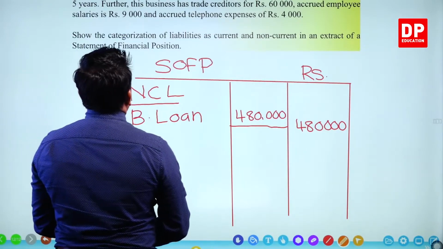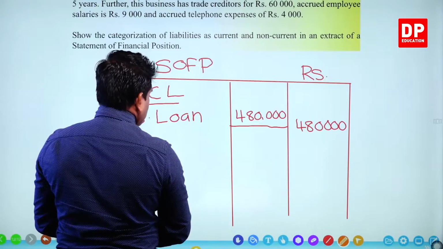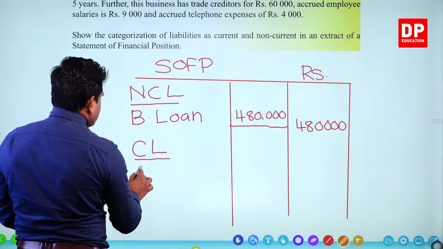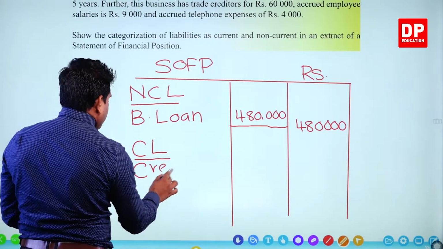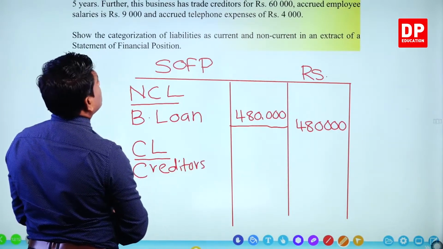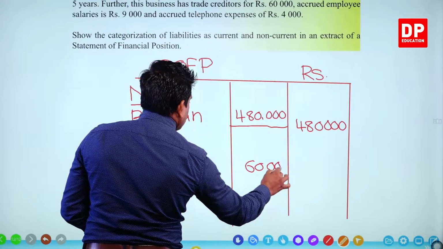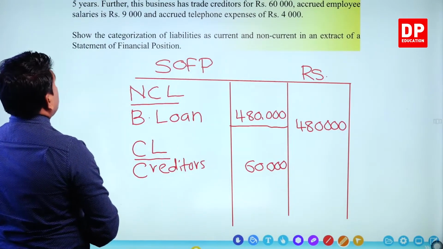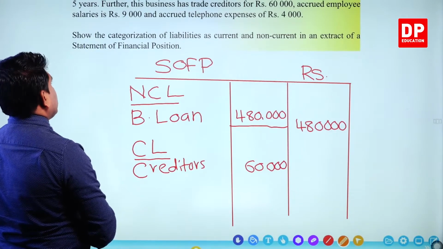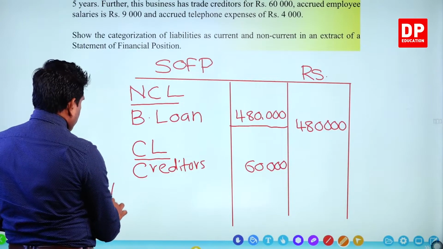Now, business has trade creditors 60,000. Trade creditors means creditors. If you want, you can write trade creditors. Creditors is enough, right? How much? 60,000. Now, accrued employee salary, right?